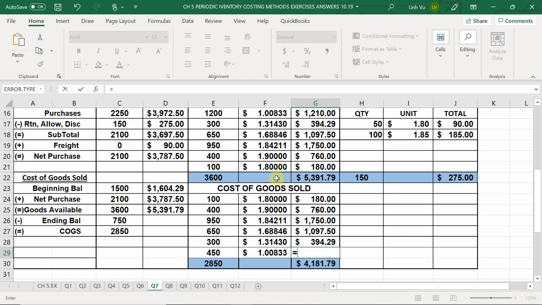And I need to actually calculate this because I'm not going to take the whole entire 1,200 units. I'm only taking a small portion of it. So what is my total cost if I sell 450 units at $1.833, and so forth? What's my total cost here?